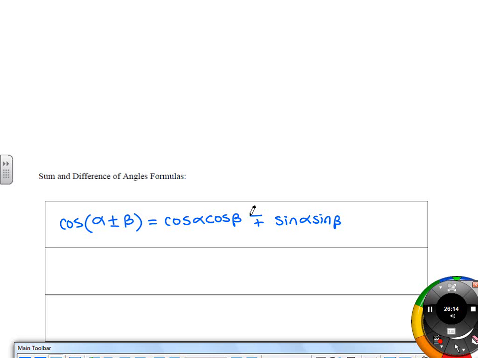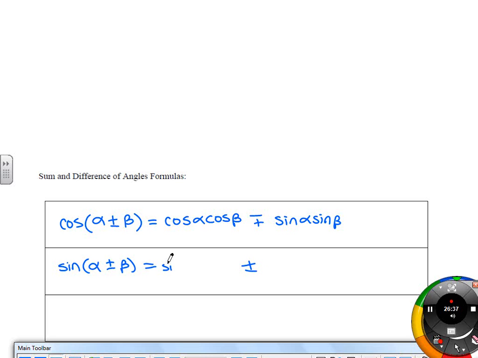Okay? Now, for the sine function, we also have a sum or a difference formula. So the sine is nice with the sines. In other words, if it's plus in here, guess what? It's also plus here. And if it's minus in here, it's also minus here. But it's not as nice about how these are packaged, okay?